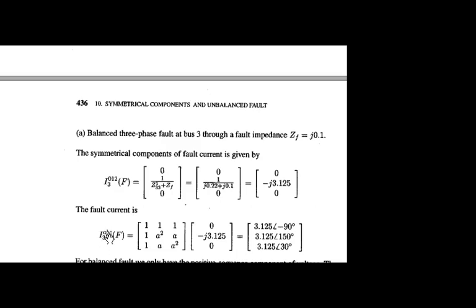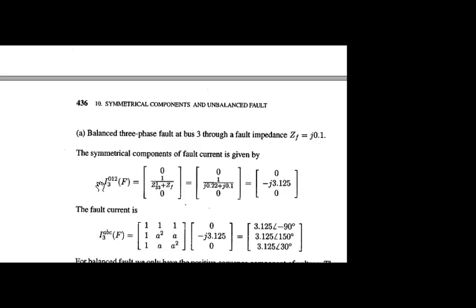That's why I3 ABC during fault F. So we have the balanced scenario fault current at bus 3 for ABC. Always you have to find it first in the 0, 1, 2 domain, because Z is in 0, 1, 2, that's why your current is in 0, 1, 2. And your final target is to generate its equivalent in ABC.